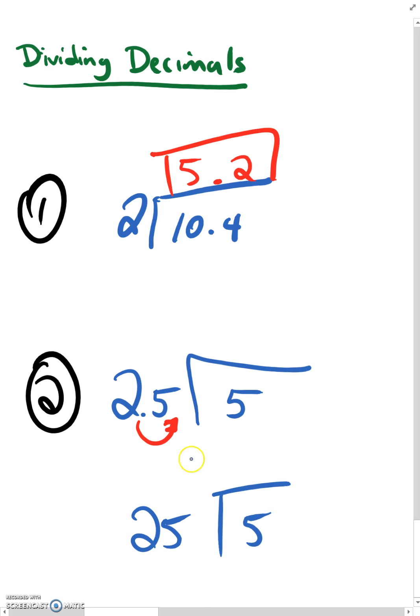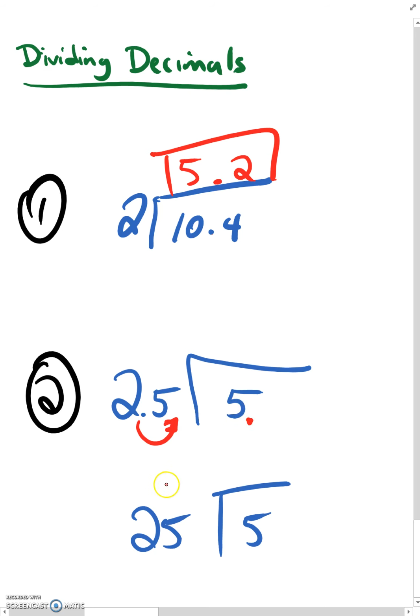But when you do this, you must also do the same thing to the number that is inside the box. So remember the past problems where we said if we don't have any decimal, then the imaginary decimal is here after the whole number in the ones place.